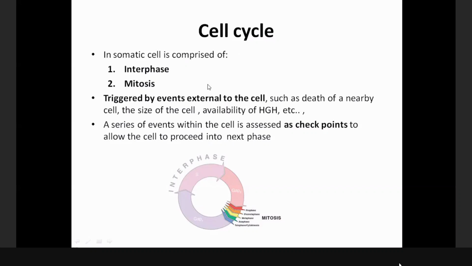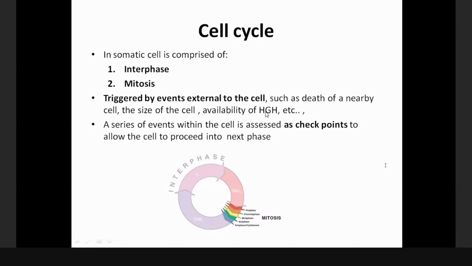This type of cell cycle for the cell is triggered by events external to the cell, by factors coming from the outside. These factors may be multiple. One of the important factors is hormonal regulation. Regulation by, for example, human growth hormone.